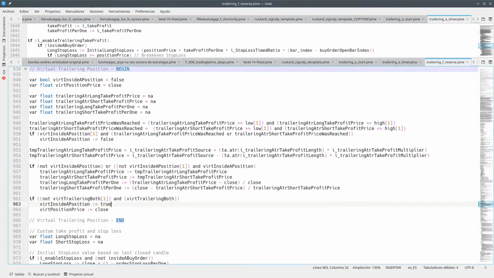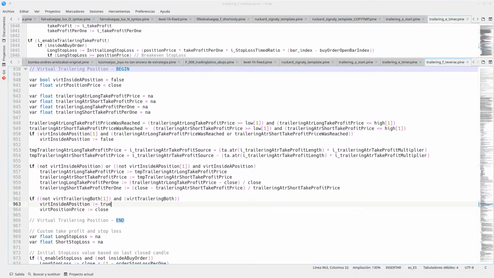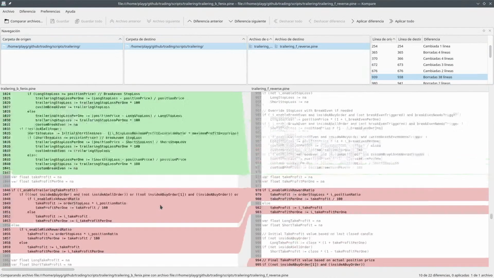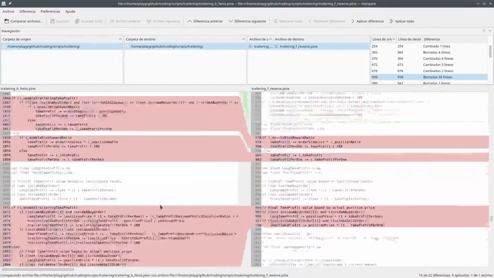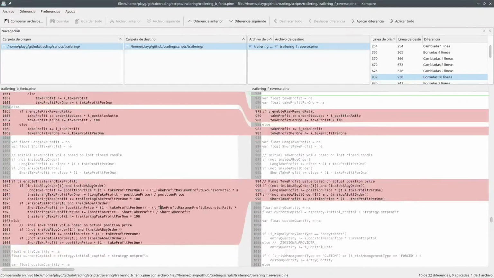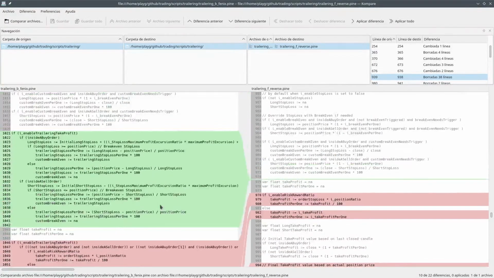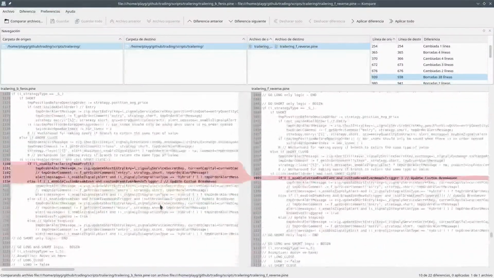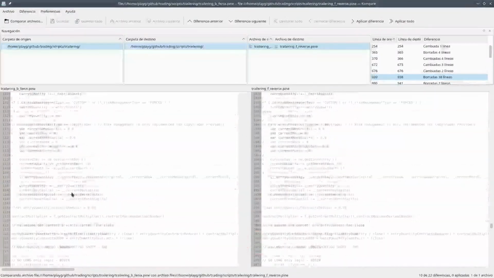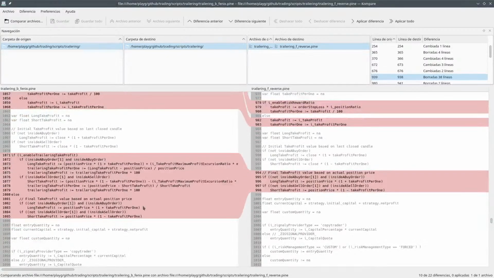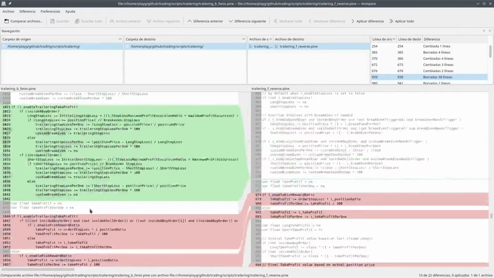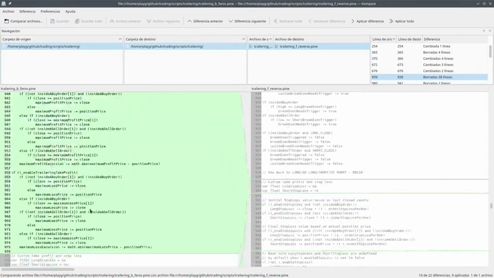Okay, so I'm back. Let's take a look at the comparison, see what we want to have around here. So we have this stuff that is no longer needed. Okay, let's take a look around here.